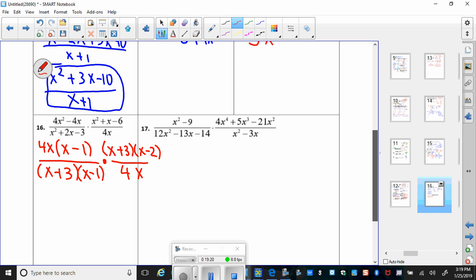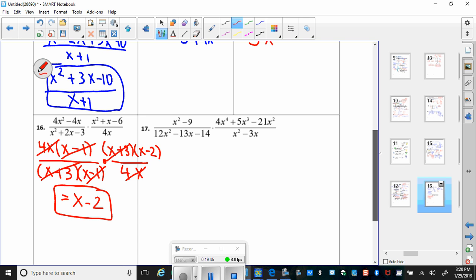All right, part by part, 4x cancels, x minus 1's cancel, and x plus 3's cancel. I'm left with x minus 2 on the top and nothing on the bottom. That's my final answer.